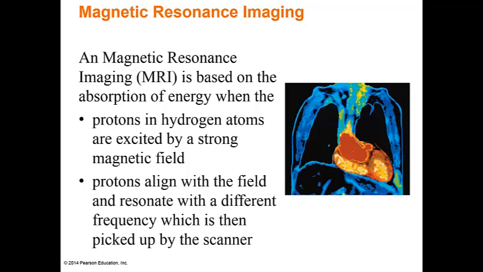The protons align with the field and vibrate with different frequencies, which can then be picked up by the scanner. And if you're claustrophobic, MRIs used to be this tube that you would go through, but now they have more claustrophobic-friendly ones, where they're open on the sides so you don't feel so trapped. So that's some medical uses of radioactive isotopes currently in use today.